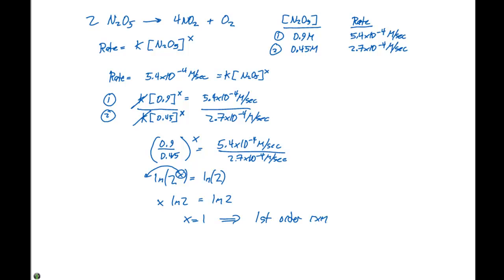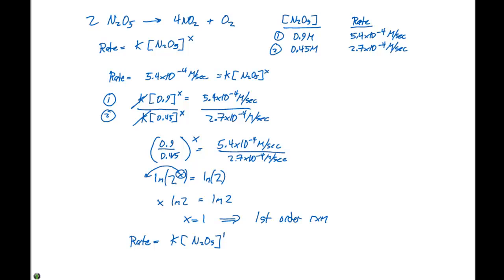From that we can write the rate law as the rate is equal to k times the concentration of N2O5 to the first power. So this would be our particular rate expression. We can now calculate what k is if we know what the order is.